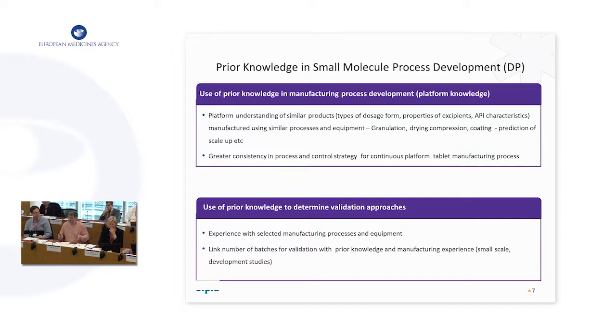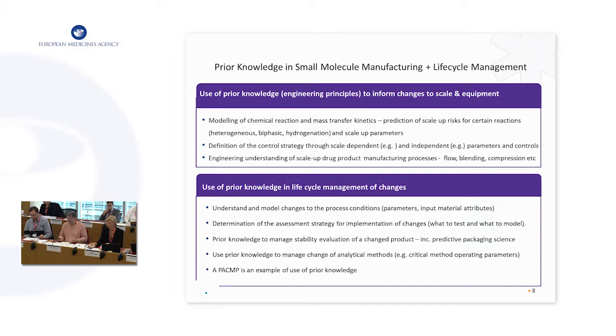So in fact, the future looks more and more like platforms, because platforms and continuous manufacturing approaches are not dissimilar in their overall philosophy, if I can use that word. So we know that we can do the same things over and over. We can see ways to apply prior knowledge to do the right things first time round and continuously.